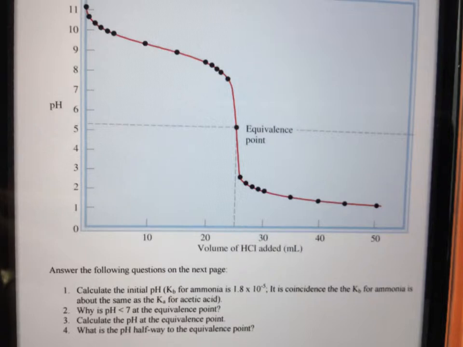So what we want to do is an ICE chart, and we'd have our base going to the conjugate acid and OH. Initially our concentration is going to be 0.1 molar for the base, 0 for the anion, and 0 for the hydroxide.